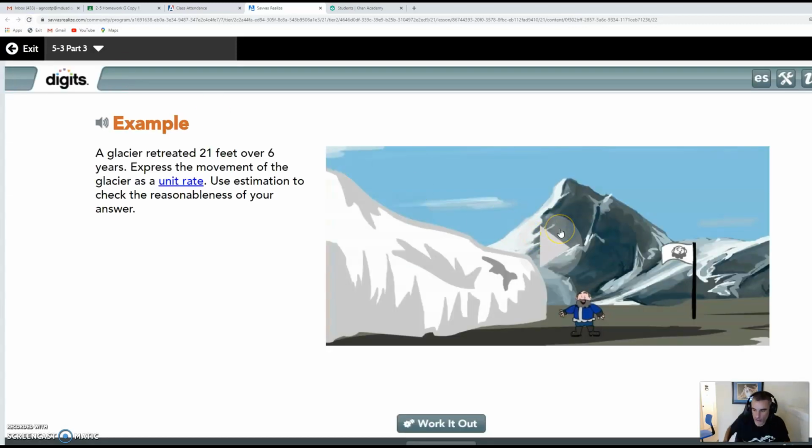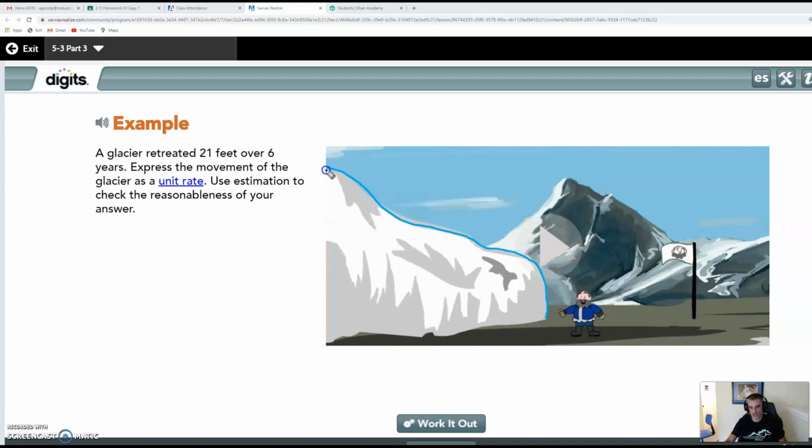All right, glaciers, right? It says a glacier retreated 21 feet over 6 years. Express this as a unit rate. In other words, how much did it retreat in 1 year? So when it says retreat, here's the glacier right now. Okay, and then we've got this climate change going on, so the glacier is melting.